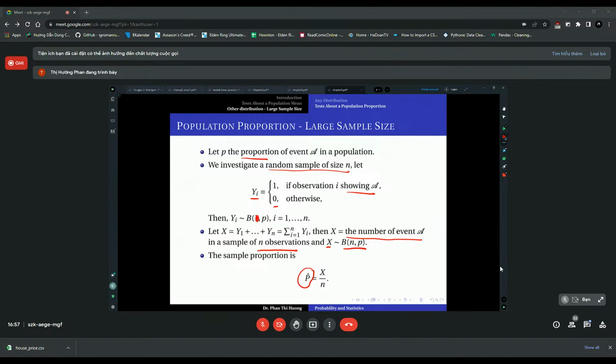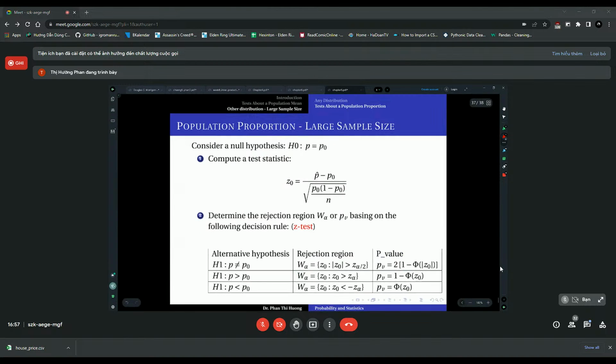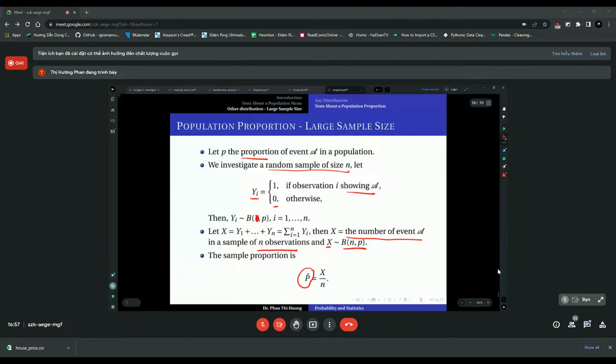Okay. And the next step, as we have done in the first three cases, is that the next statistic is obtained by standardizing the point estimator. So in this case, to standardize the point estimator p hat, I need to know the expected value and the variance.